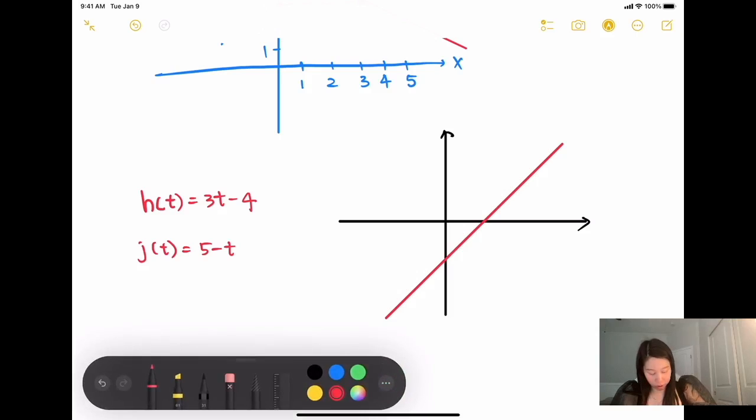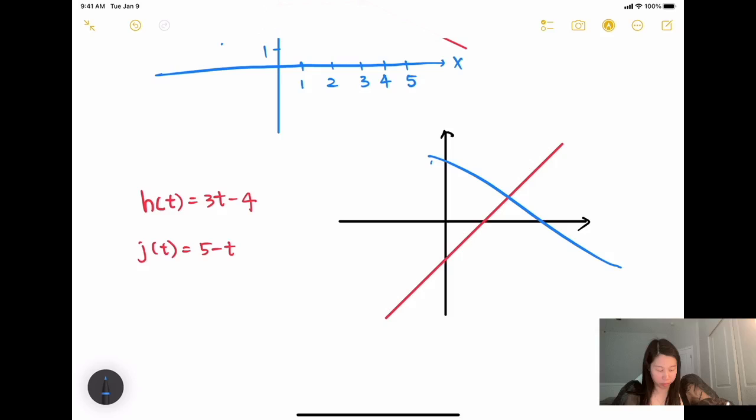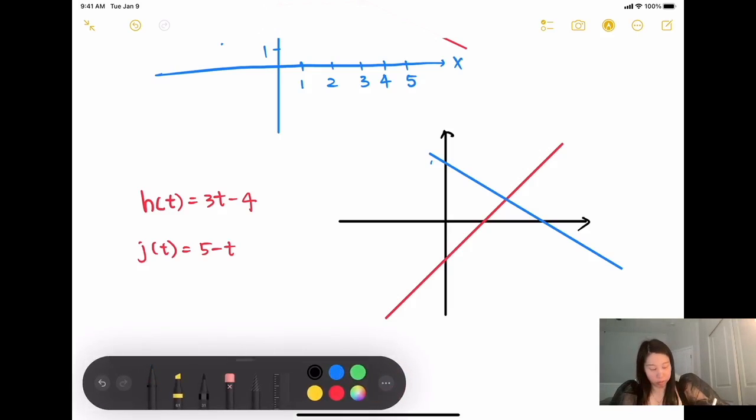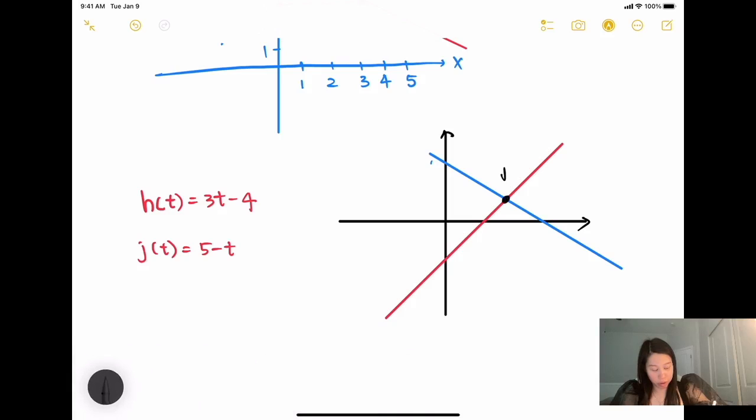And blue is something like this one. Not the best graph again, but you get the idea. So the intersect point, this is the intersection. How do we find the intersection if we can't use the graphing calculator?